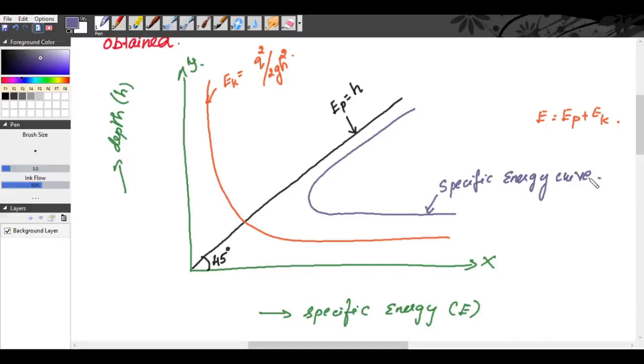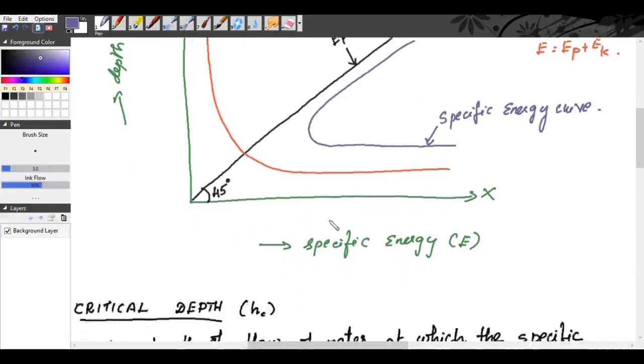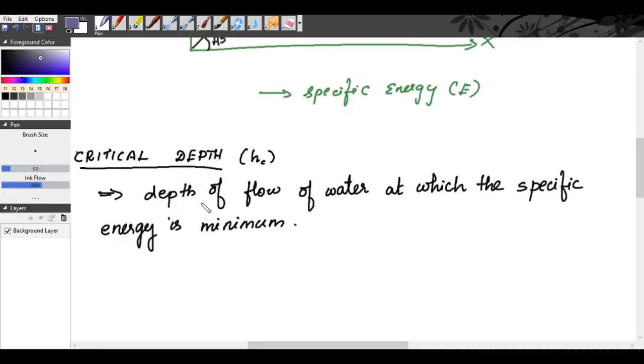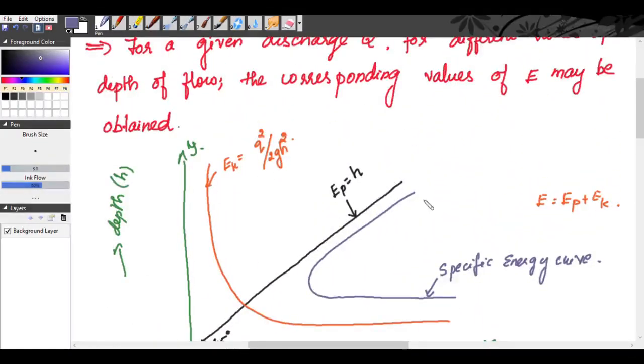Okay. Now we will see another term called critical depth. Critical depth is represented by HC. It is nothing but the depth of flow of water at which the specific energy is minimum. So see, this is the specific energy curve. The specific energy is minimum at this point.